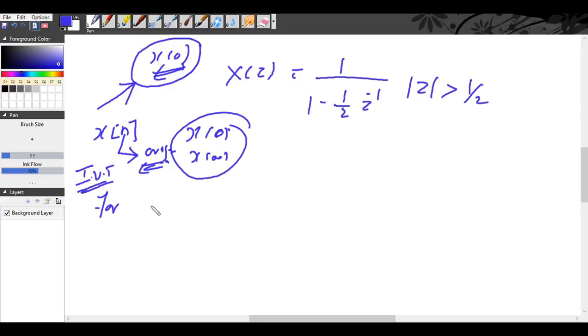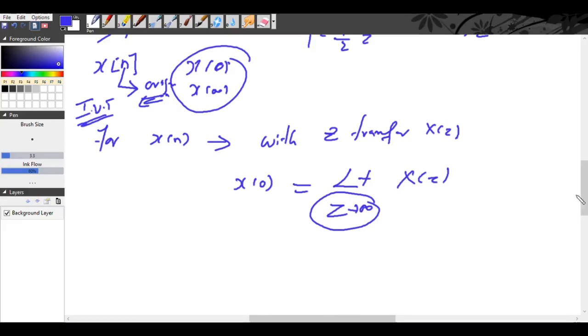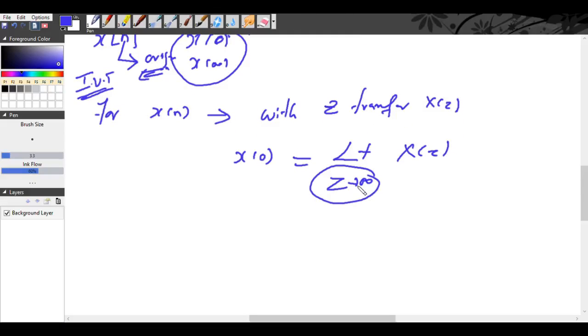For a causal sequence x of n with z transform x of z, x of 0, that is the initial value, can be found out by limit z tending to infinity. That means in the x of z we have to apply the value of z as infinity so that I can find the origin value of the time sequence.